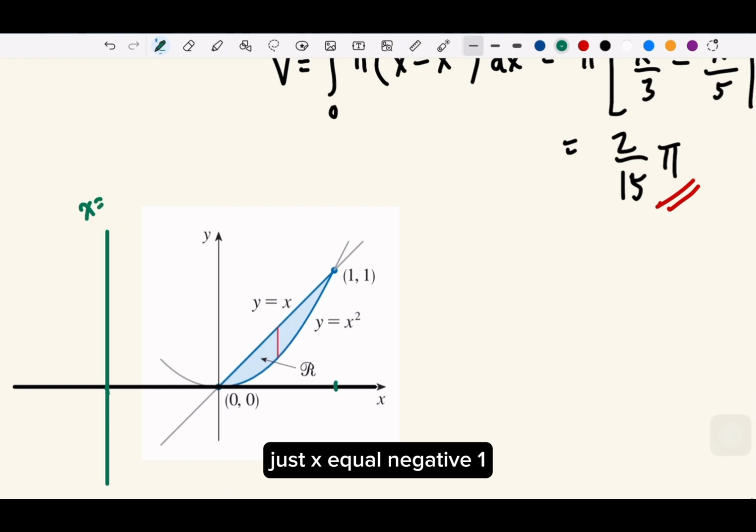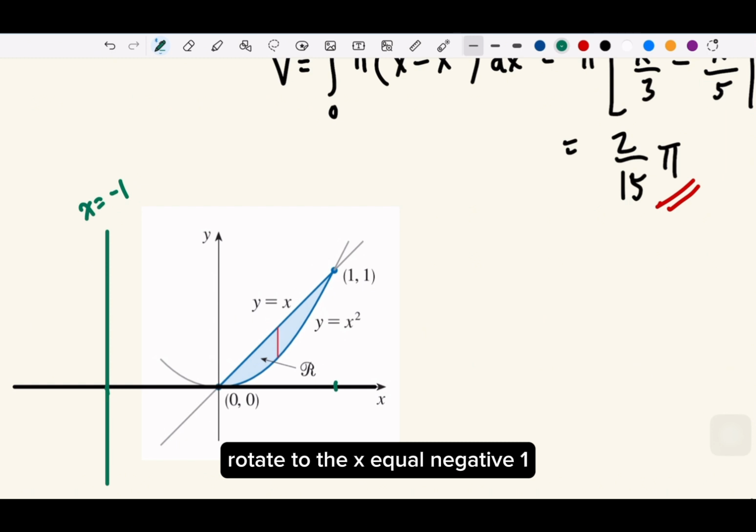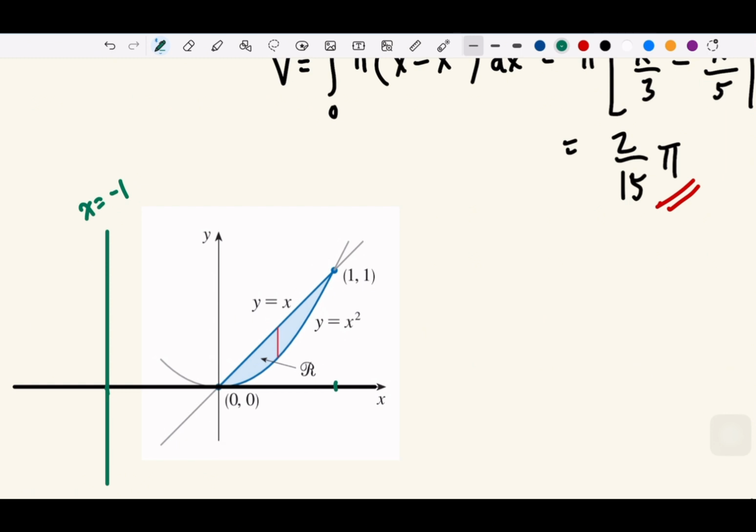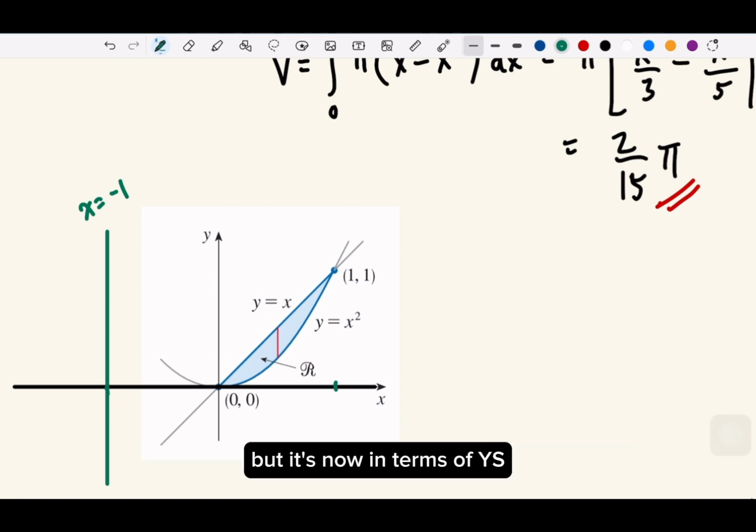This is x equal -1. So now, imagine this part rotate through x equal -1. Okay? So it will be the same as we did in the previous one, but it's now in terms of dy. Okay, and it's the same circle with a hole, right?